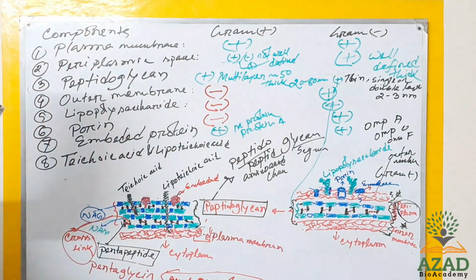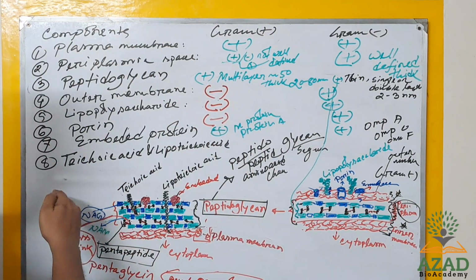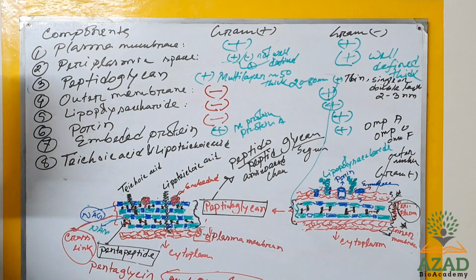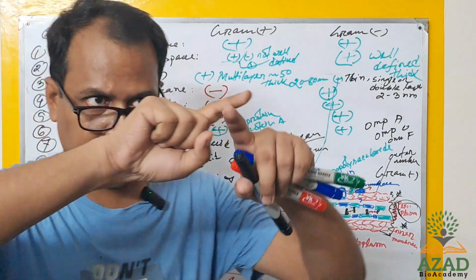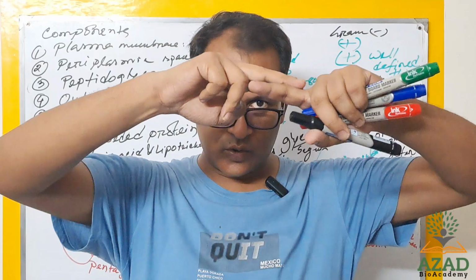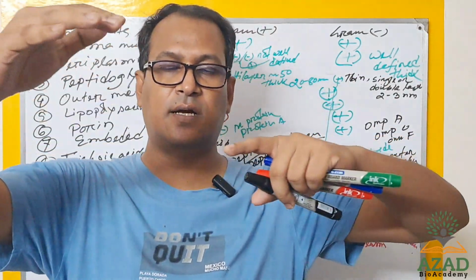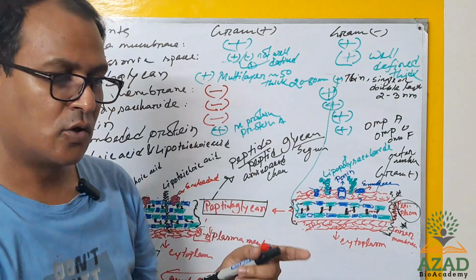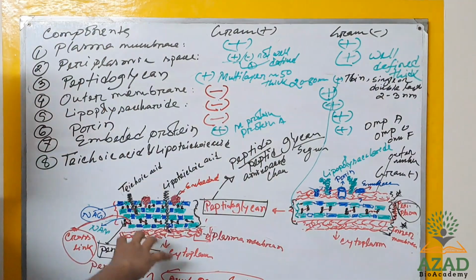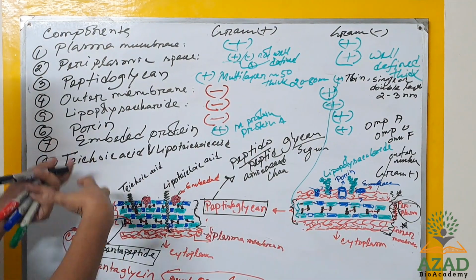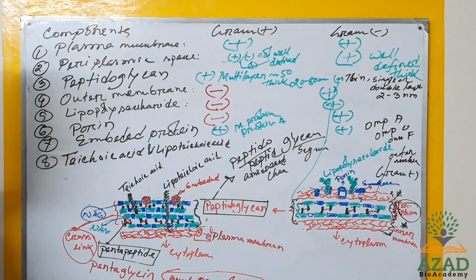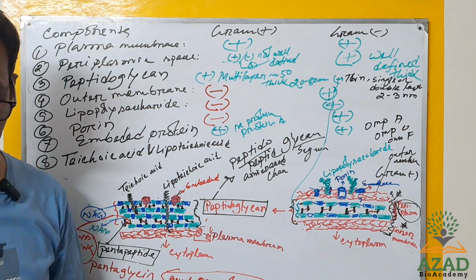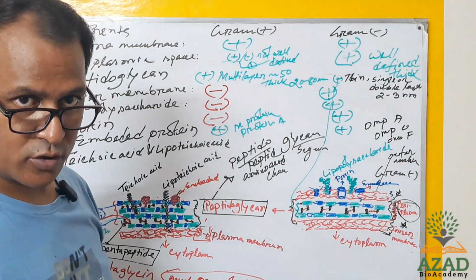So who will make it stable here? Because it has multiple layers of peptidoglycan, where two sugar chains are attached by peptide cross-linking, but overall, how will the peptidoglycan be stable? So a support molecule is also important here.